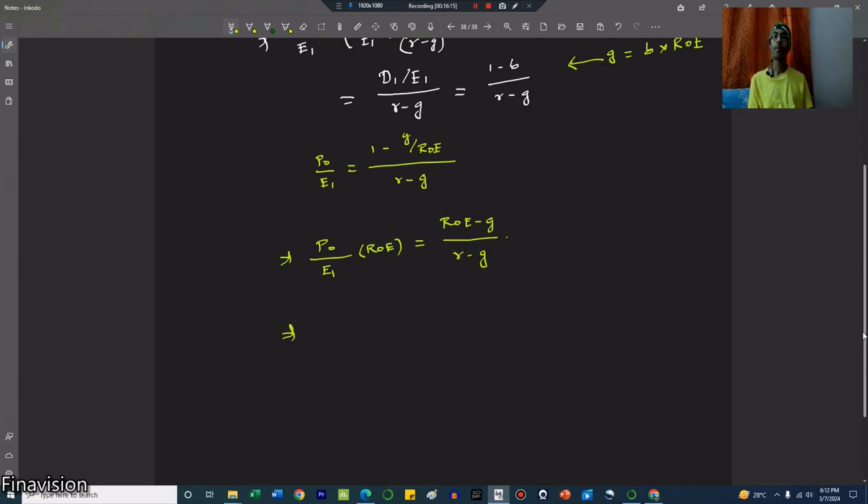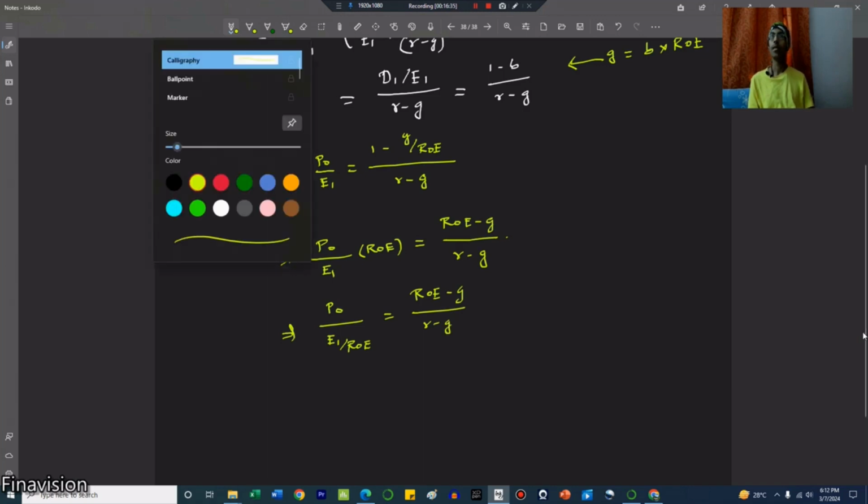This implies P0 by E1 by ROE is equal to (ROE minus g) by (r minus g).